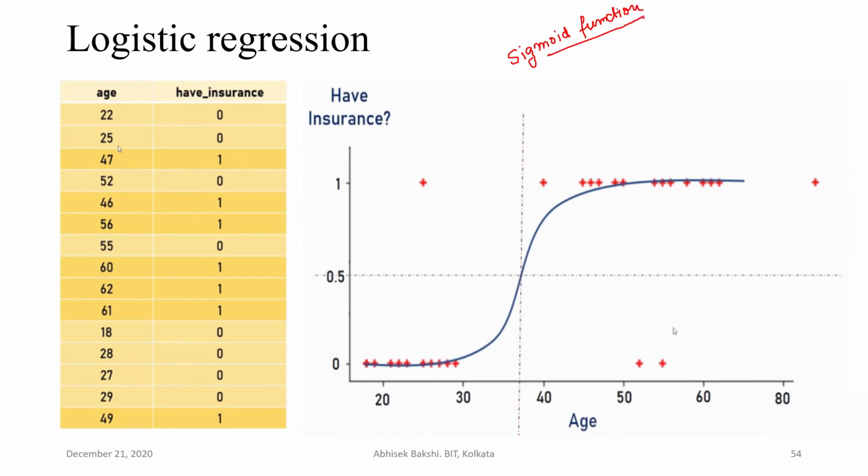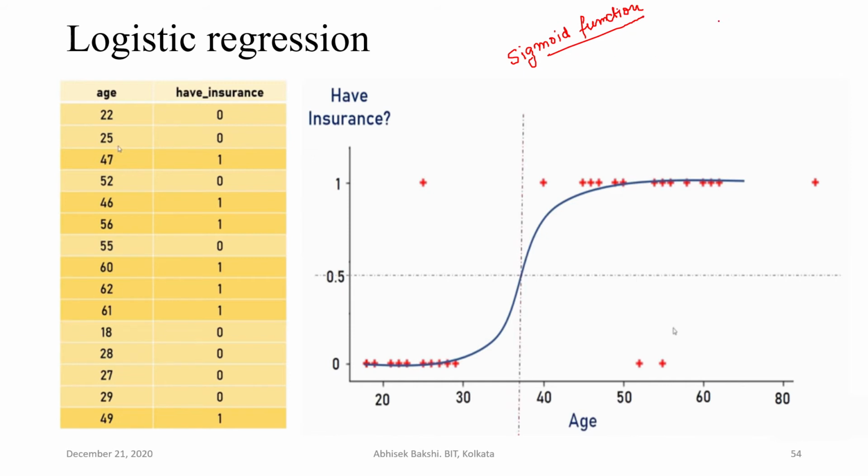Okay, so in case of logistic regression, we try to put a special function called the sigmoid function in such a way that it can fit most of the points.